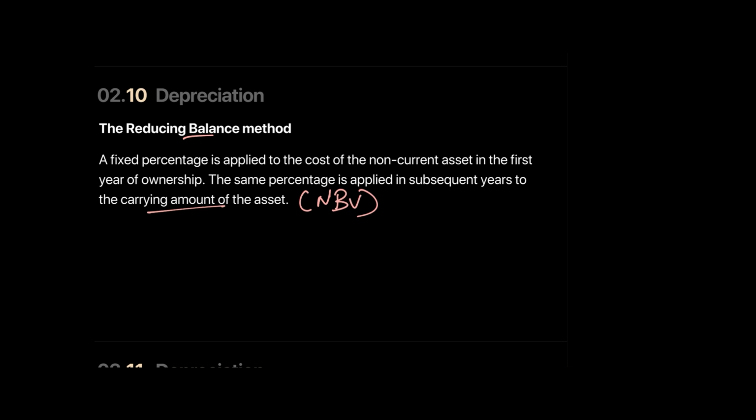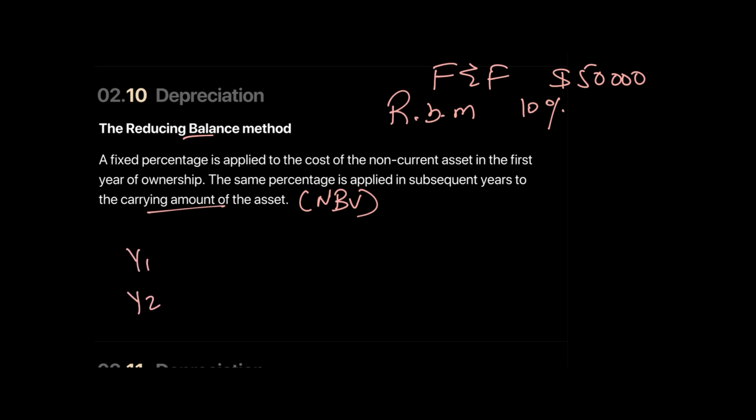All right, so let me do the same example for fixtures and fittings. Remember, we got our fixtures and fittings for $50,000. And now let's say I'm depreciating this using the reducing balance method. I'm just going to write that down as RBM at 10%. So let's do our working again: year 1, year 2, year 3, depreciation and the net book value.